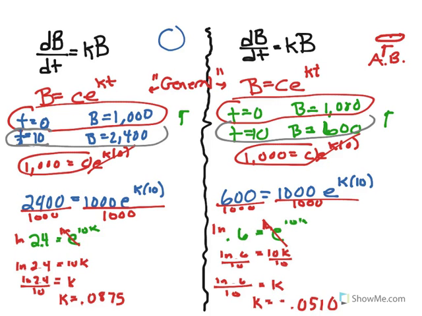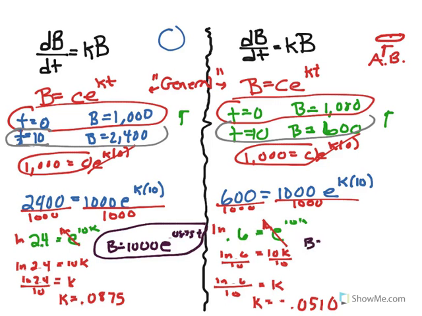So my equations would be the following. For this function right here, it's going to be B equals 1000 e to the 0.0875t. That's the exponential equation for that one.